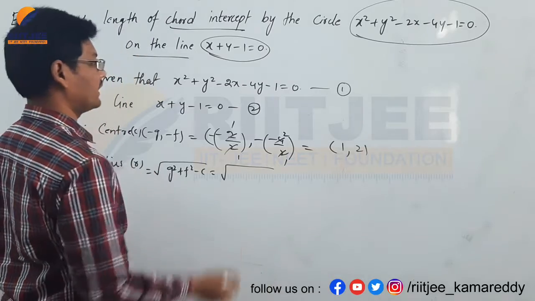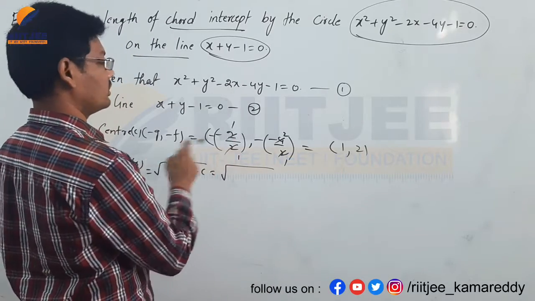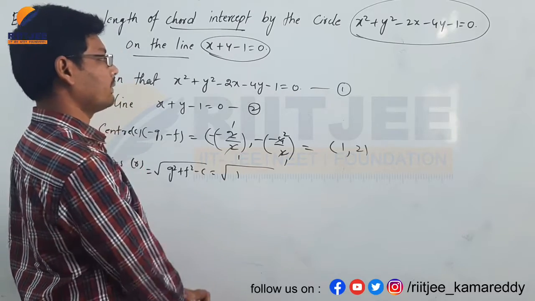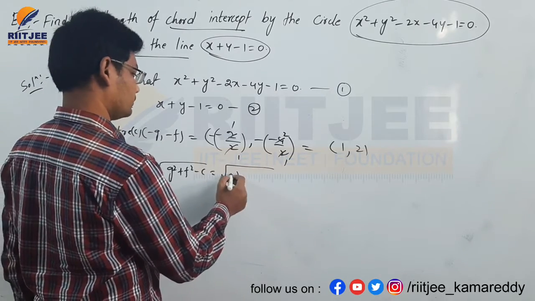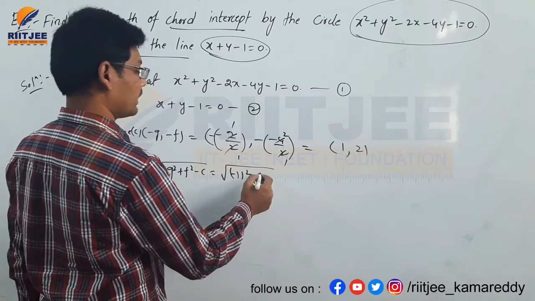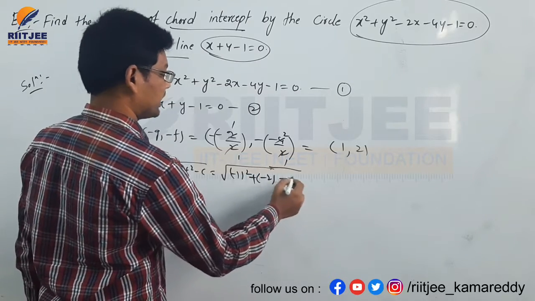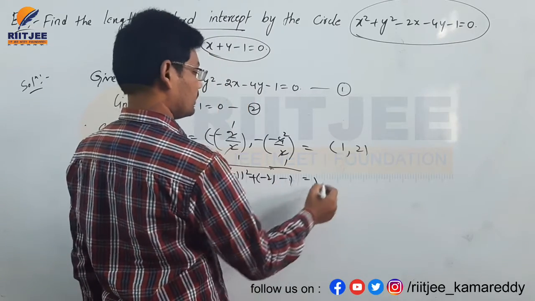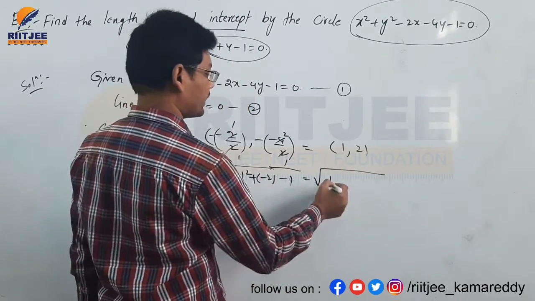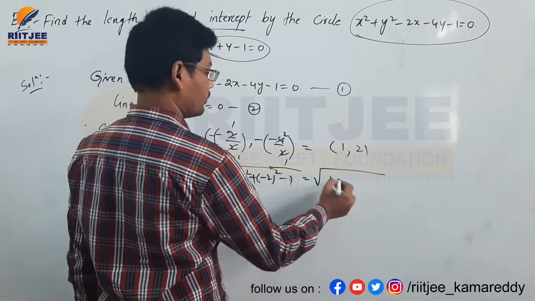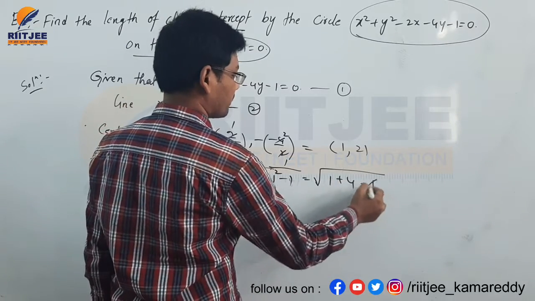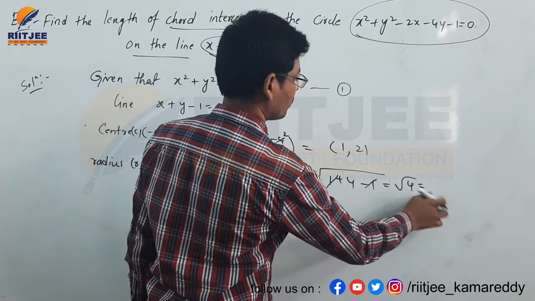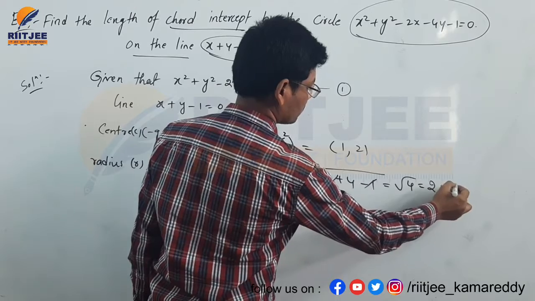Here g is minus 1, f is minus 2, c is minus 1. So 1 square plus 2 square is 1 plus 4, minus of minus 1 gives plus 1... square root of 4, that is equal to 2 units.